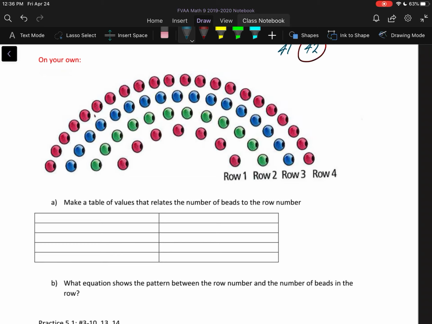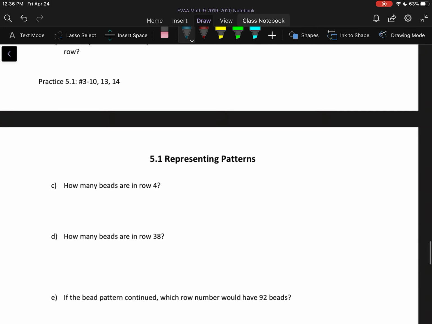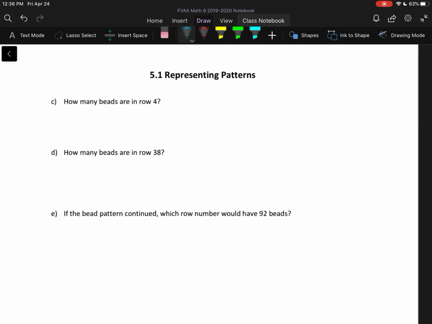It has 4 rows of these beads. Complete the table. What equation shows the pattern? Determine the equation. And then these 3 questions: How many beads are in row 4? How many beads are in row 38? And if the bead pattern continues, which row would have 92 beads? So go ahead and pause the video.